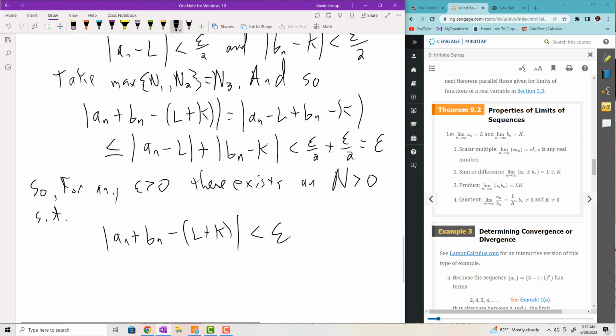And that's basically just going to imply then that the limit of a sub n plus b sub n as n goes to infinity is equal to L plus k, right, more or less.